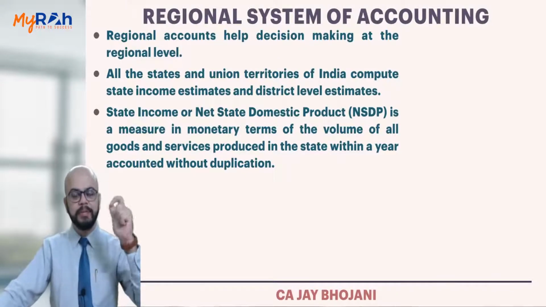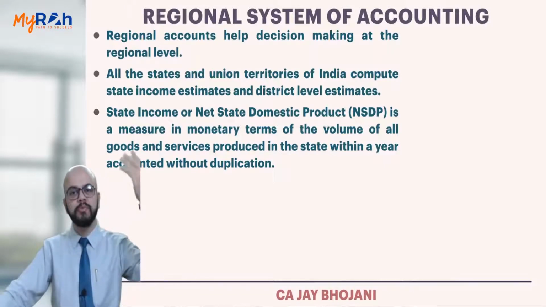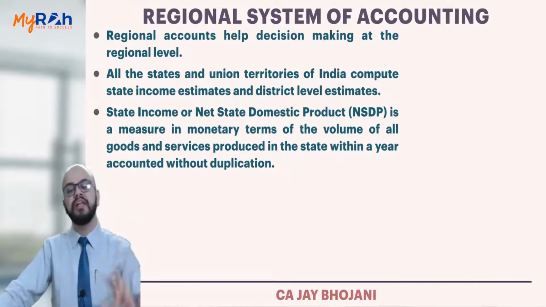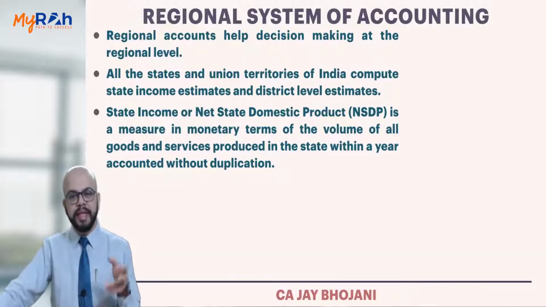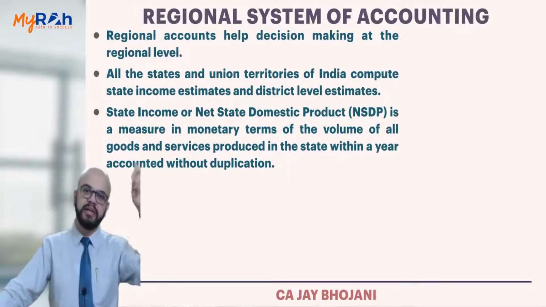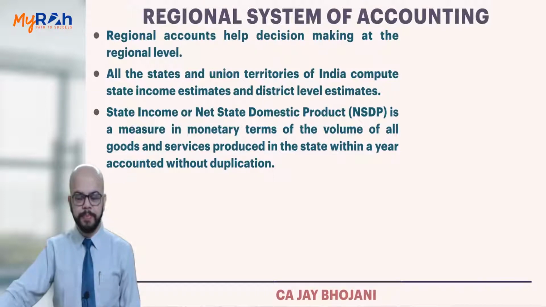See, it's very similar. The definition that you are learning here is quite similar to what we learned while learning GDP and NDP. The only difference is that it is done at state level and district level rather than at the national level. That's the only difference.